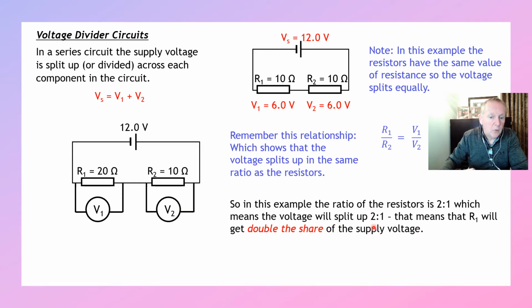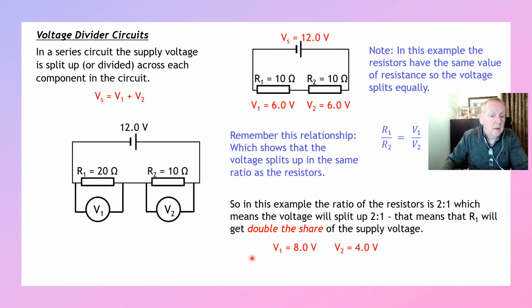In this example, the ratio of the resistors is 2 parts to 1 part, so there's 3 parts in total. 2 parts of the voltage will be across R1 and 1 part across R2. That means the voltage splits up 2 to 1, and R1 would get double the share of the supply voltage.